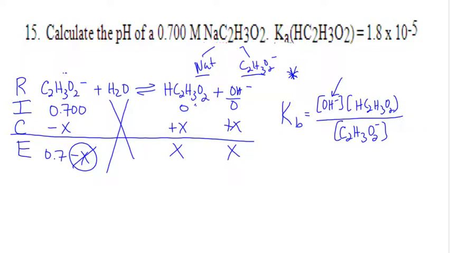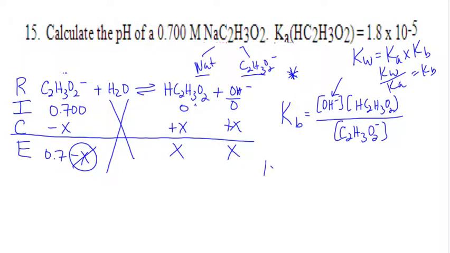So what I need to do, and I'm going to write it up here, we know that Kw is Ka times Kb. So if you really want to, you can solve on the side, put in 1e negative 14, put in the Ka and solve for the Kb. I kind of like to just take my Kw and divide it by what I'm looking for and actually just insert it in my equation.